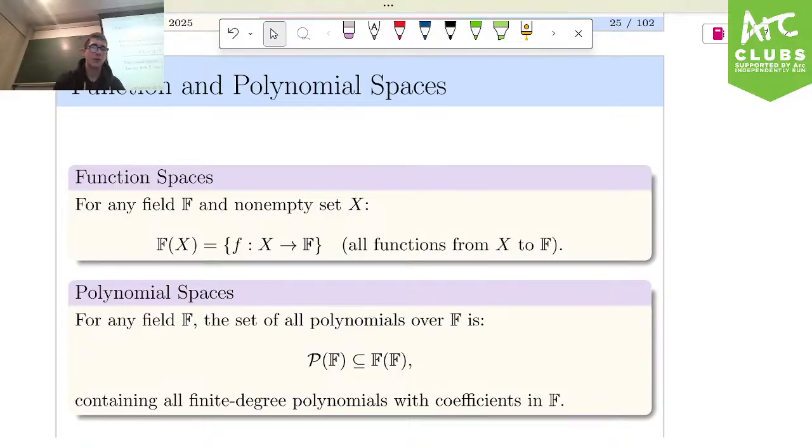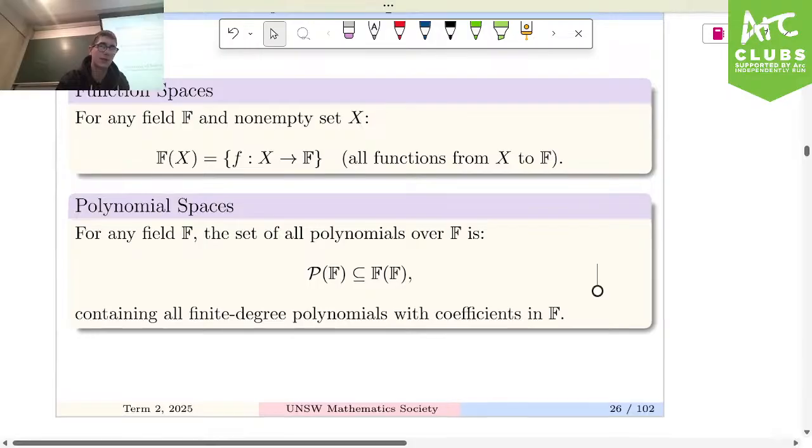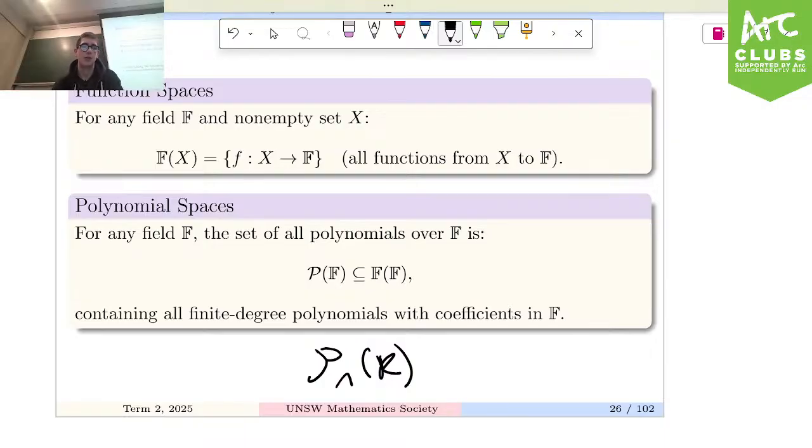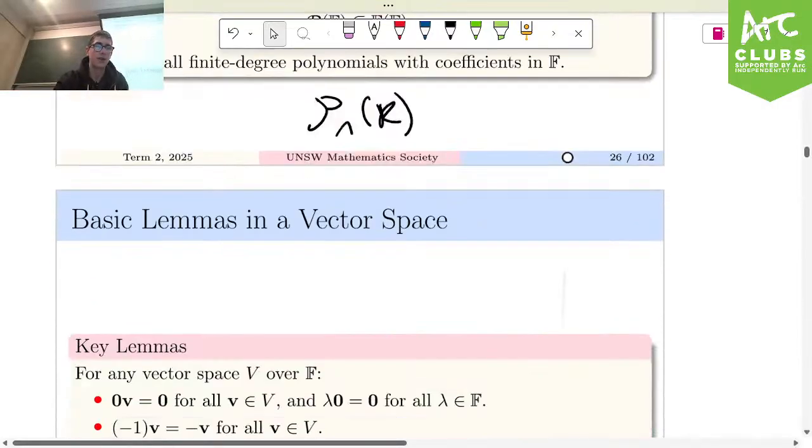You can also define polynomials, where you're just adding the polynomials together and multiplying together. Specifically, you can define the set of all polynomials over a specific field, and all polynomials of a specific degree. Specifically, you can define Pn, if I say the real numbers, that's the polynomials of degree up until n over the real numbers. So hopefully you've seen those a lot.